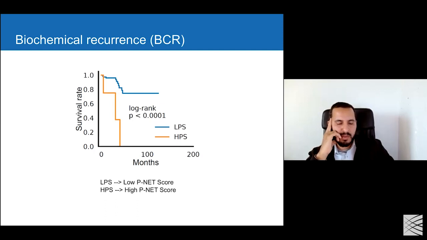I think it was interesting that PNET, trained just on the genomic profiles of these patients, may be learning something that helps in stratifying patients based on their probability of developing biochemical recurrence later in their life. So this was something interesting that we got only from inspecting the predictions of the model.